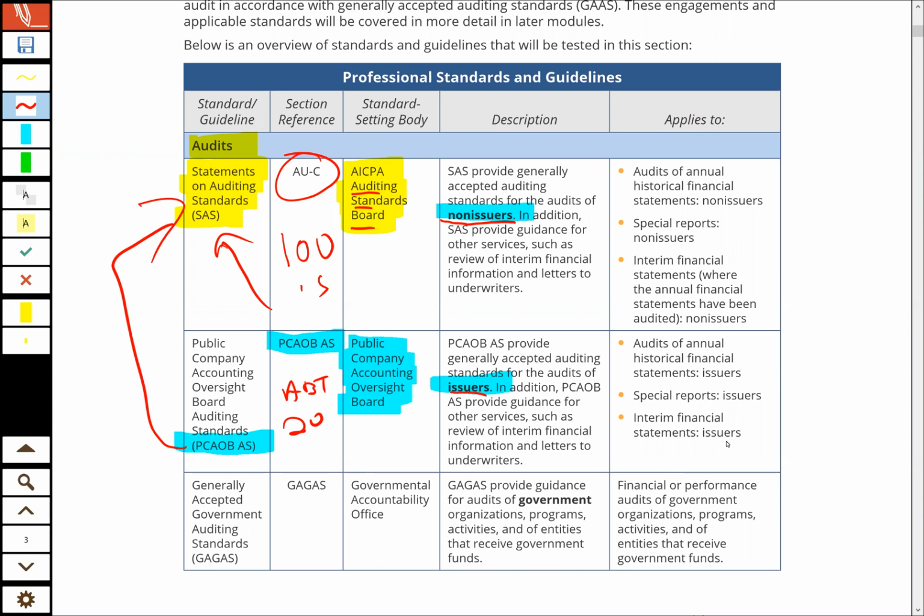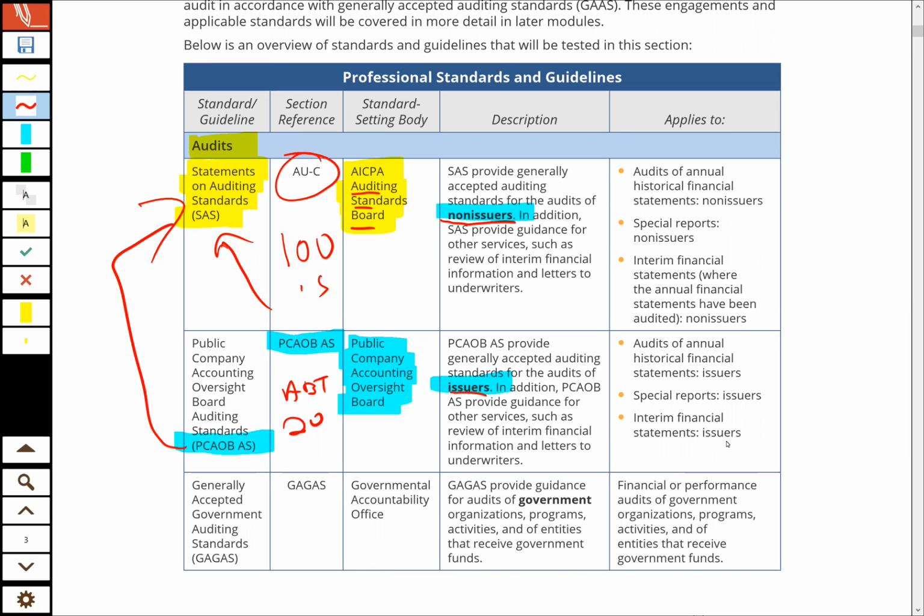a public company. So a classic example is for a public company, there is a requirement that we give an opinion on management's assertions about the internal control for public companies. Now, SAS for non-public companies does not have that requirement. So that's why PCAOB did what? They've written additional standards that have special requirements for public companies, but they still want you to do some of the other things that you would be doing for non-public companies.